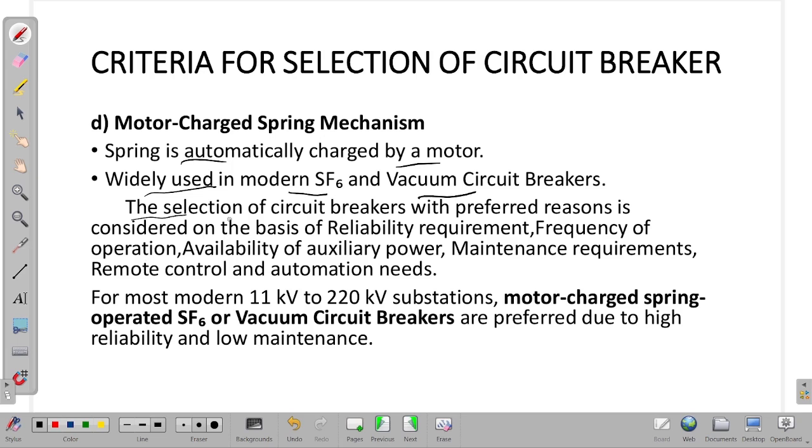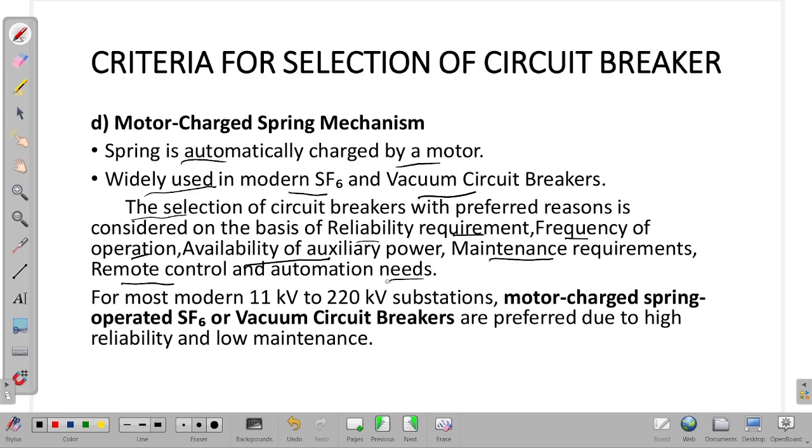The selection of the mechanism is considered on the basis of reliability requirement, frequency of operation, availability of auxiliary power, maintenance requirements, and remote control and automation needs.